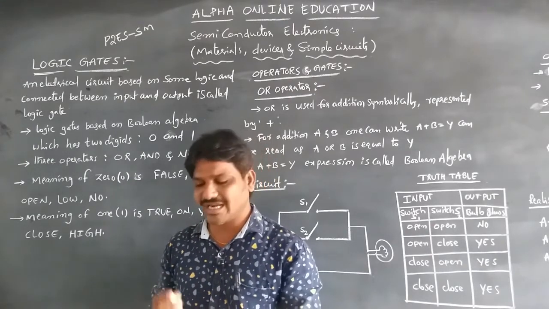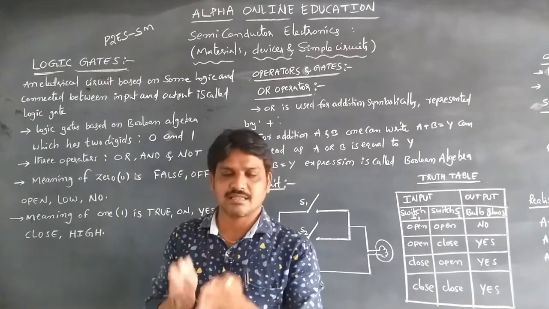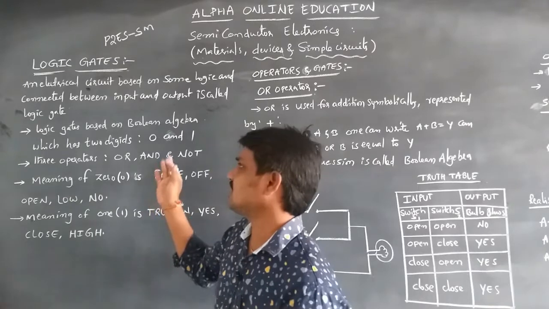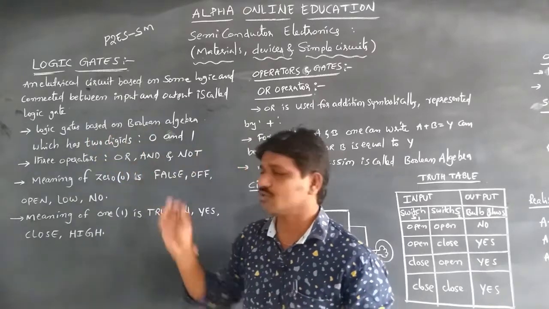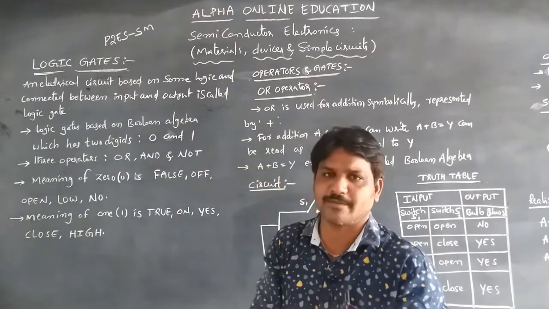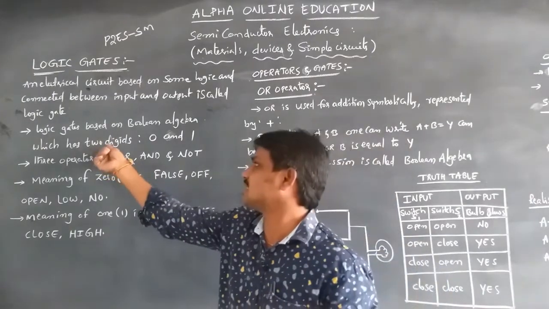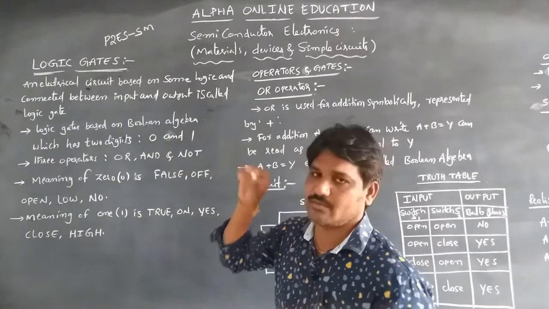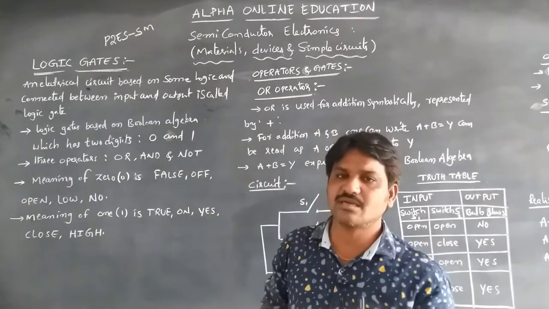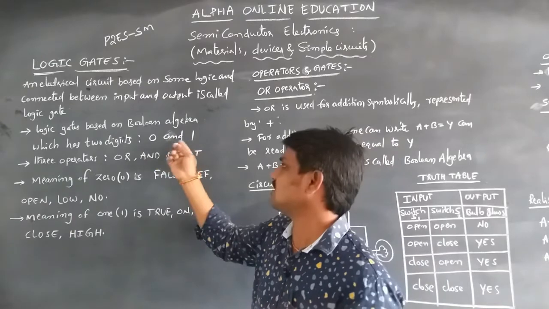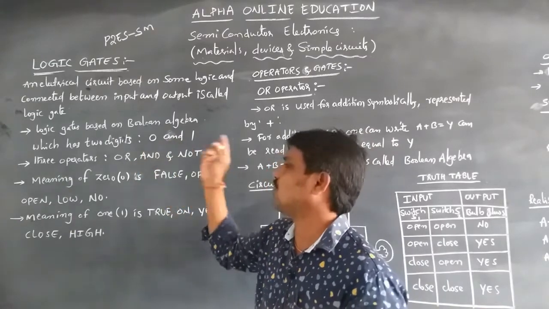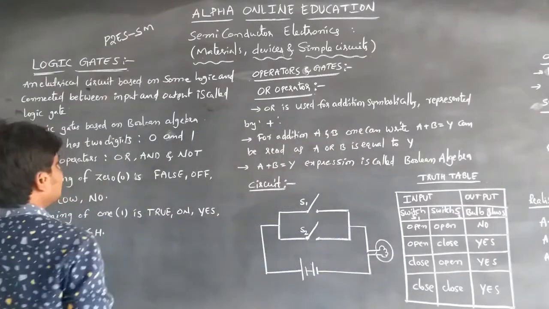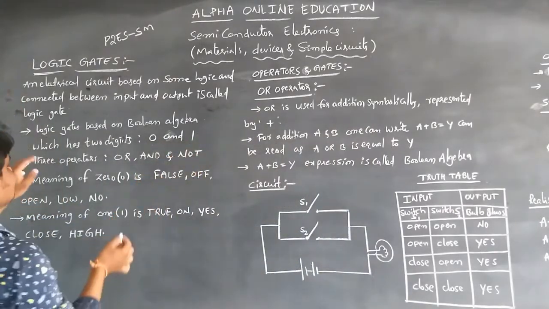To analyze the output values by giving input values, the logic gates based on Boolean algebra have only two digits, 0 and 1, which are binary digits.